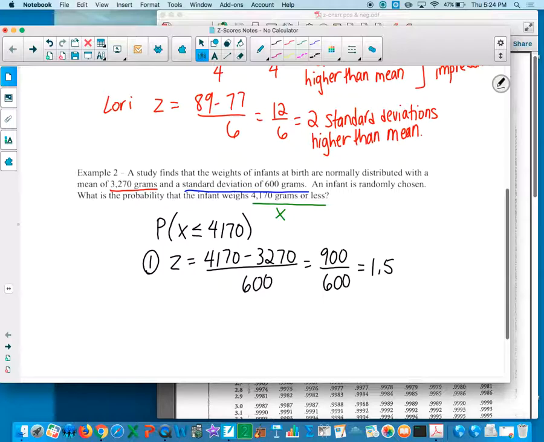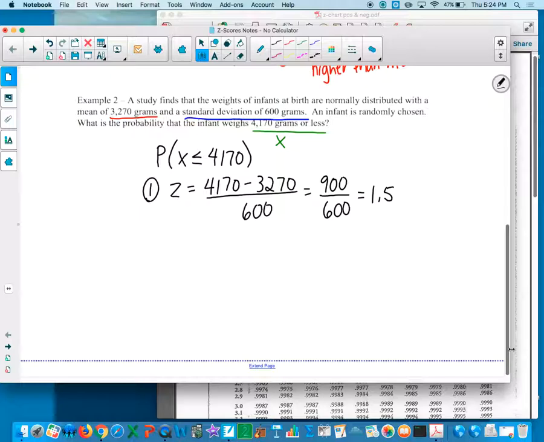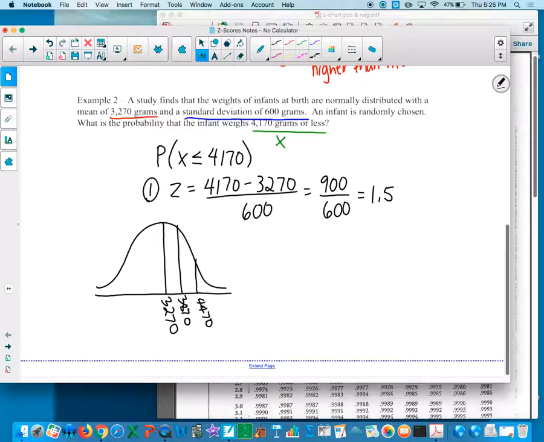If I were to draw a picture of this, that dotted line is now where that 1.5 standard deviations is falling, and we want to find the area to the left of that.